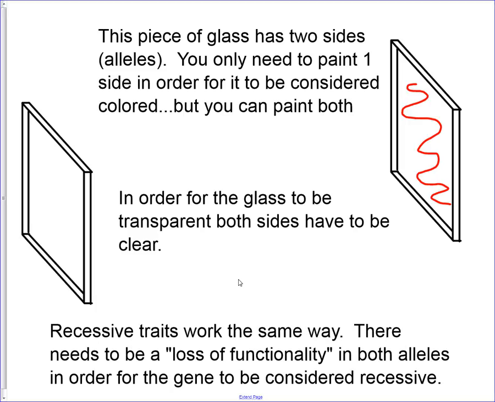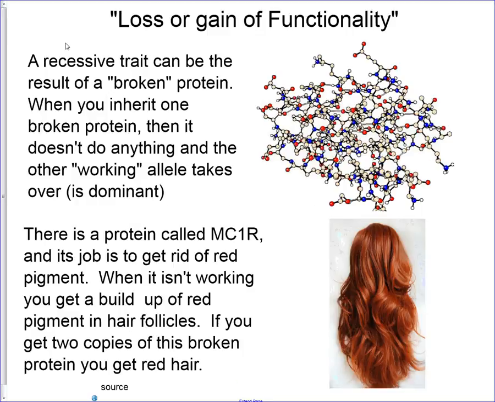You can paint both, but one side will do. In order for the glass to be transparent, both sides must be clear. So that's your recessive trait, where both sides have to be clear. This is sometimes thought of as a loss of functionality. And what I mean by that is that a recessive trait can be a result of a broken protein, so to speak.